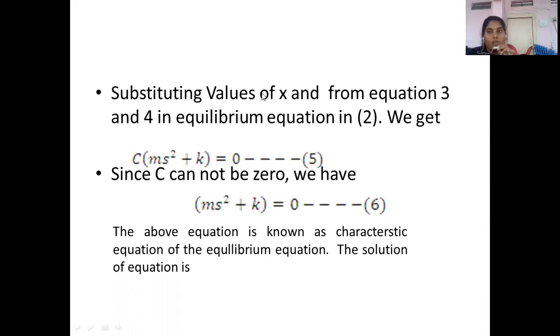I request you to put these two values, the value of x double dot and the value of x dot, into equation number 2. If we put these two values, we get c into e raised to st into bracket ms square plus k is equal to 0.